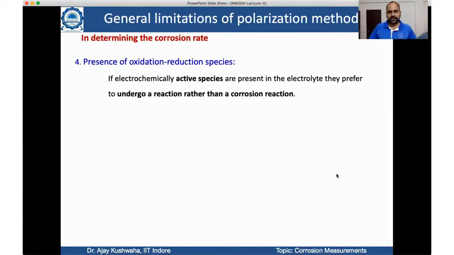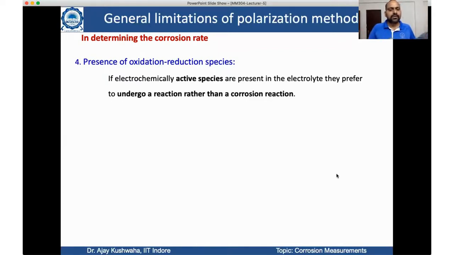Another factor which can lead to a difference in the estimation of the corrosion rate is the presence of oxidation-reduction species. We are expecting this reaction is happening due to the corrosion of metal, but let's say in your cell some oxidative species are there, so maybe your cell is having an oxidation reaction, and we are generating current due to it and measuring the change in voltage or current.